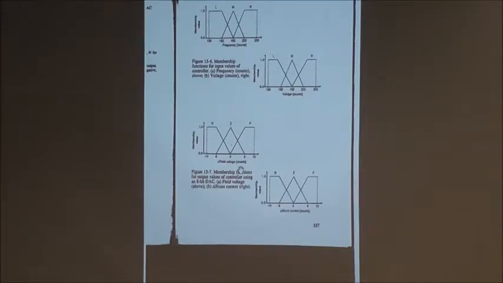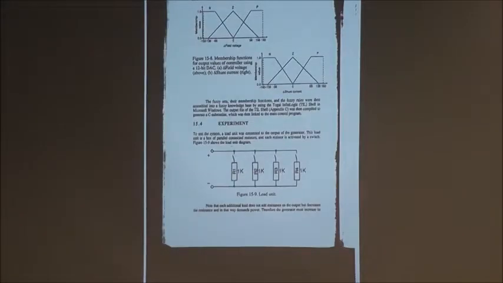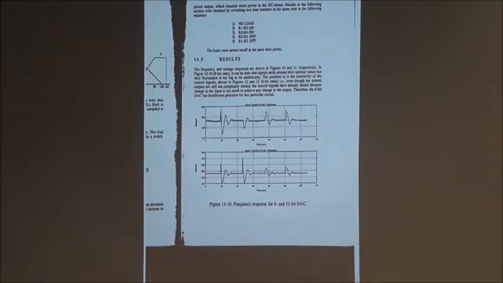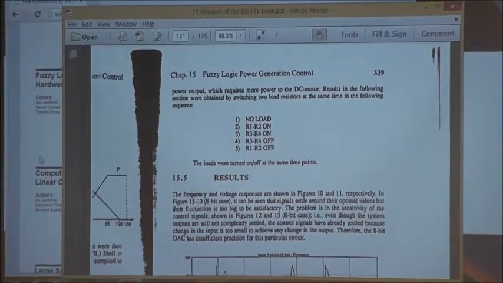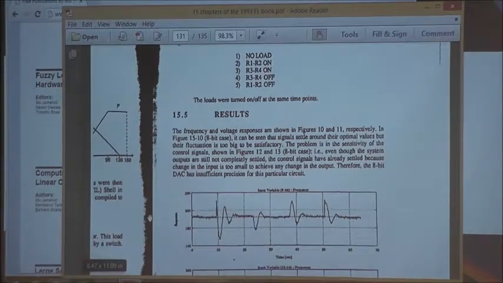So, again, these are the membership functions for input values of the controller, frequency counts, voltage counts, and membership functions for the controller using an 8-bit digital to analog converter and shunt current and so forth. And then they did the experiment. And these are the actual experimental results.